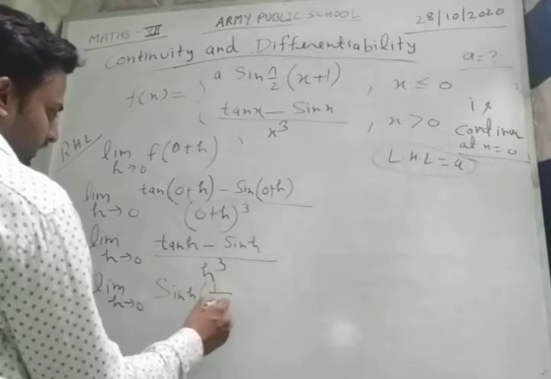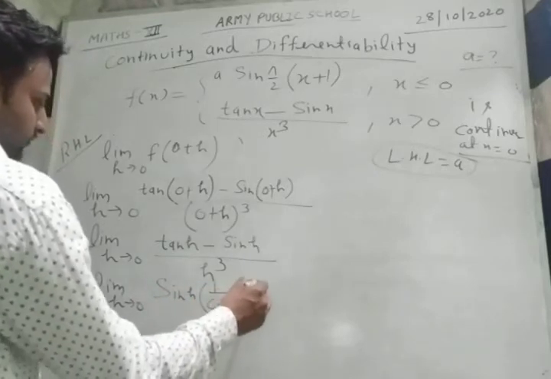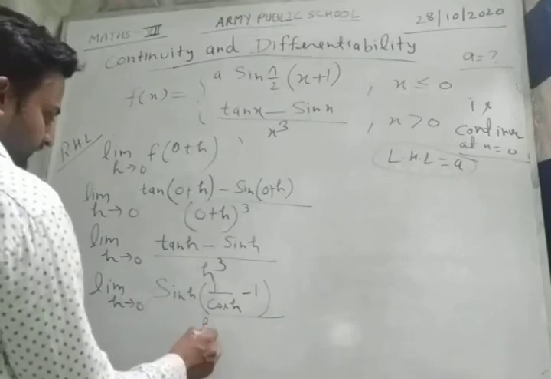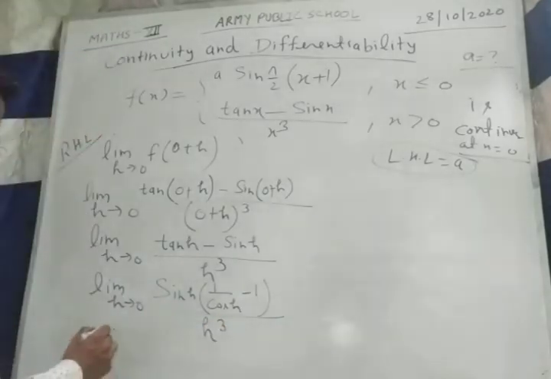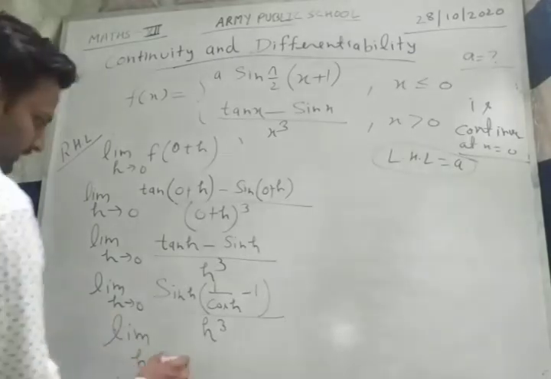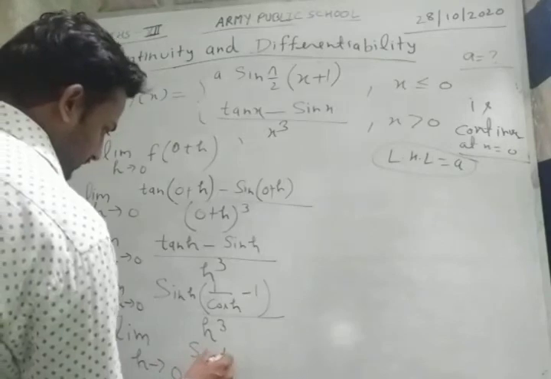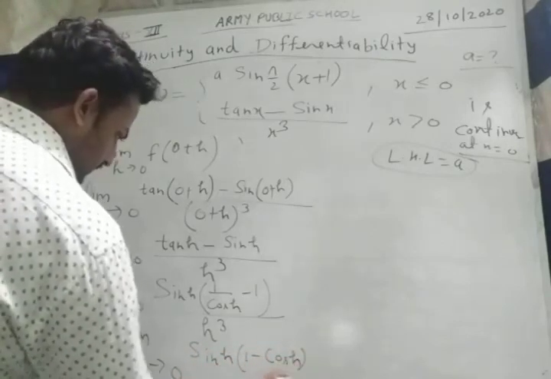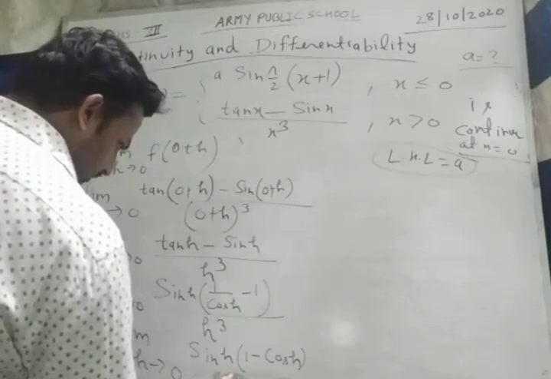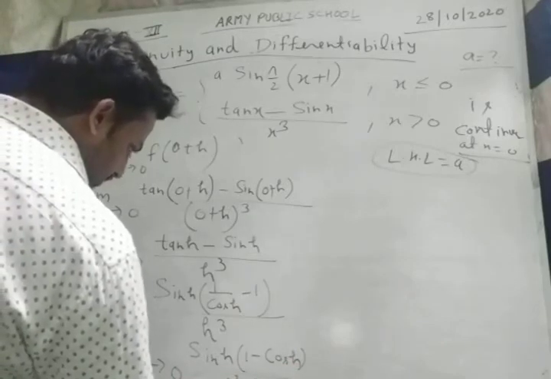We get 1 by cos h minus 1 divided by h cube. Now take LCM. We get sin h into 1 minus cos h upon h cube cos h.